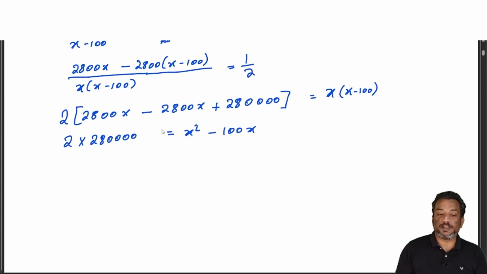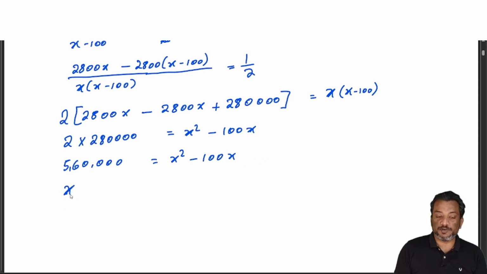Now after that you can say here, so this one you will get 5 lakhs 60,000. Okay, and here you will get x square minus 100x. So bring this 5 lakhs 60,000 on the right side, transfer.